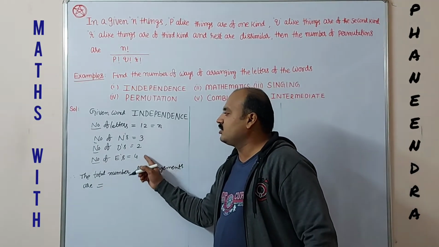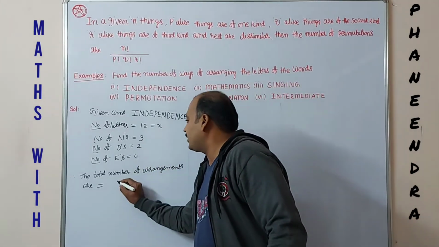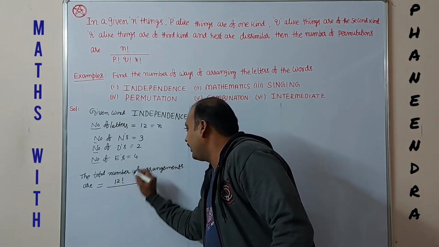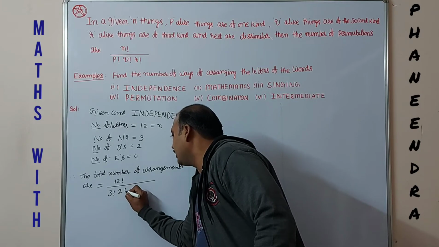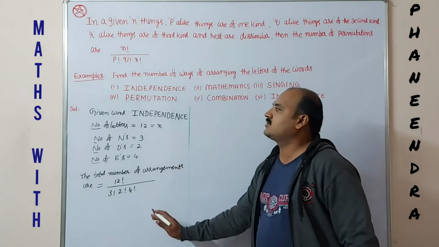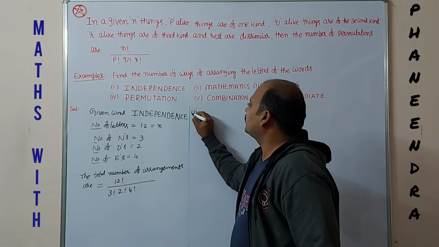This is p, this is q, this is r. According to our convenience, we will make it. So n factorial, that means 12 factorial divided by 3 factorial into 2 factorial into 4 factorial. That's the answer. No need to expand, leave it like this. This is the first question completed.